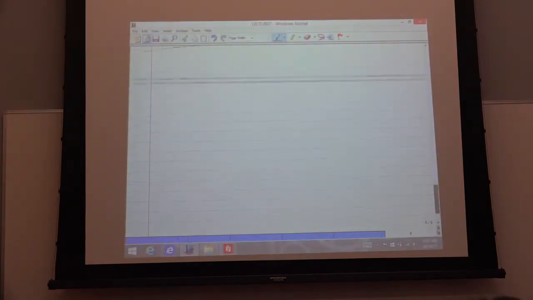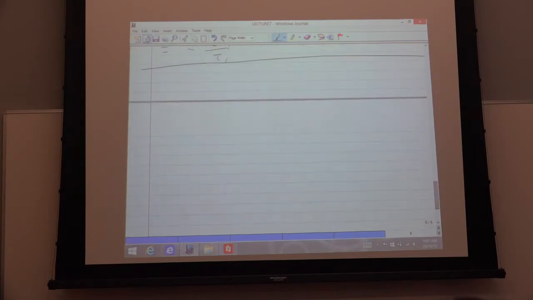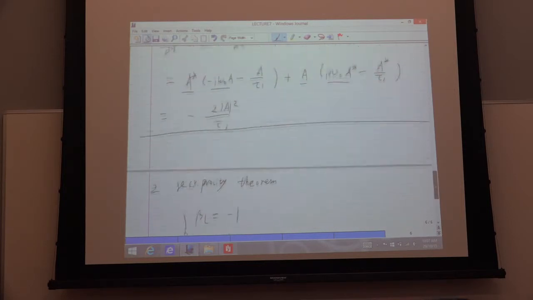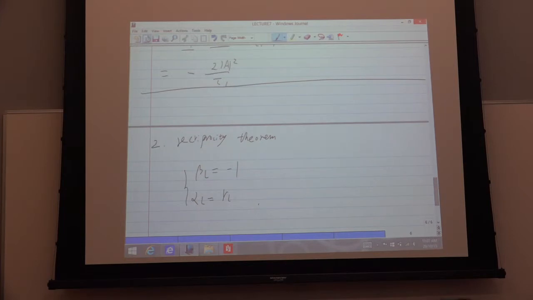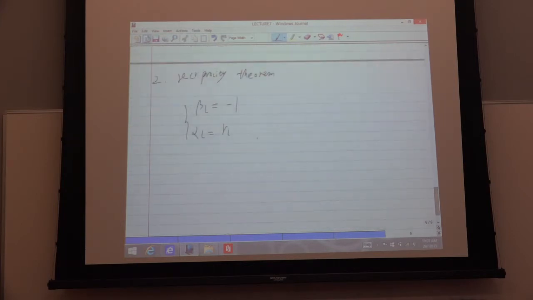Another condition comes from the reciprocity theorem. Using the reciprocity theorem, you can verify that beta L equals minus 1, and alpha L equals gamma L. Let me slightly explain why beta L equals minus 1. This is very interesting. This is the cavity.